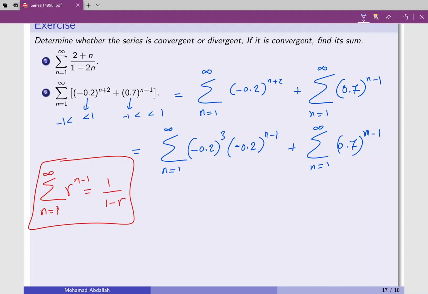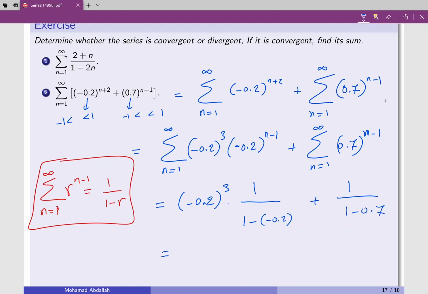So this is equal to, I can move negative 0.2 to the power 3 outside, so this is negative 0.2 to the power 3 multiplied by 1 over 1 minus negative 0.2, plus, here I don't have any constant to move outside, so this is just 1 over 1 minus 0.7.